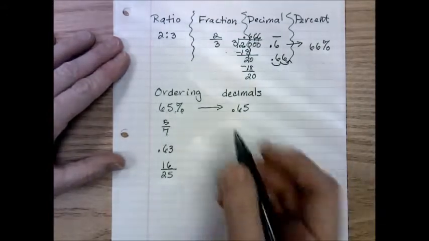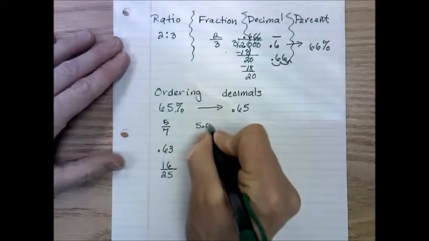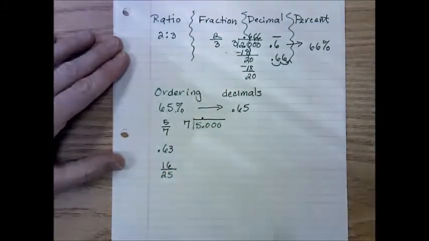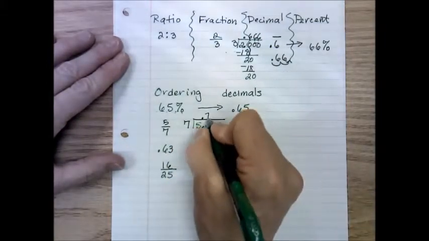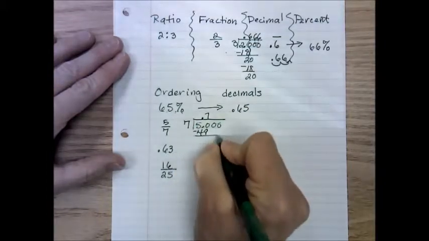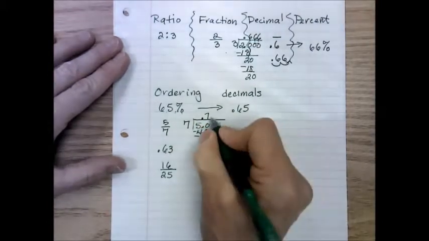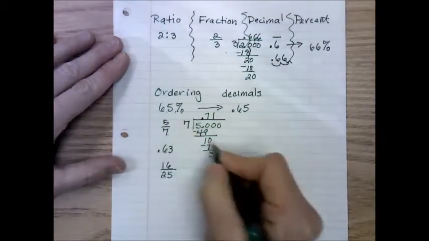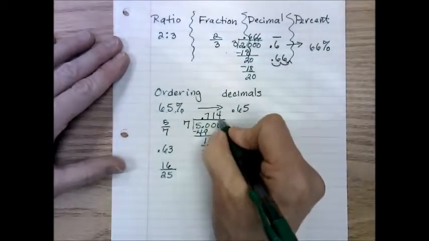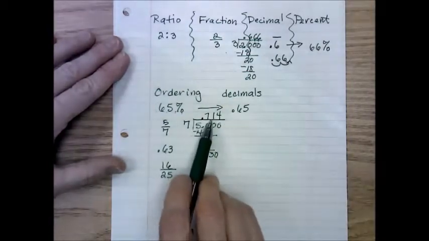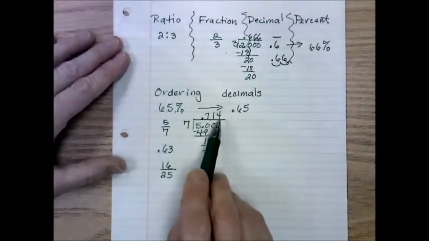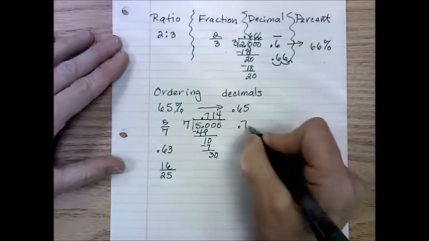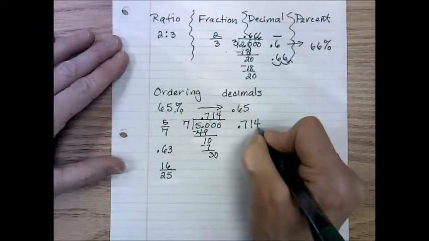To change 5/7 to a decimal, we are dividing 7 into 5. 7 goes into 50 7 times, which is 49. 7 goes into 10 1 time, minus 7, remainder of 3. 7 goes into 30, another 4 times. But since we've divided to the thousandths place, we have probably divided far enough. So we'll call 5/7 0.714.